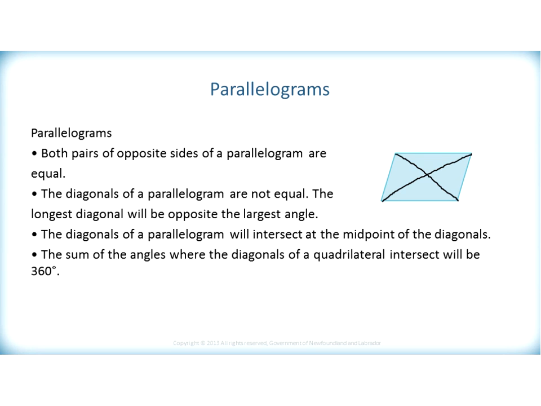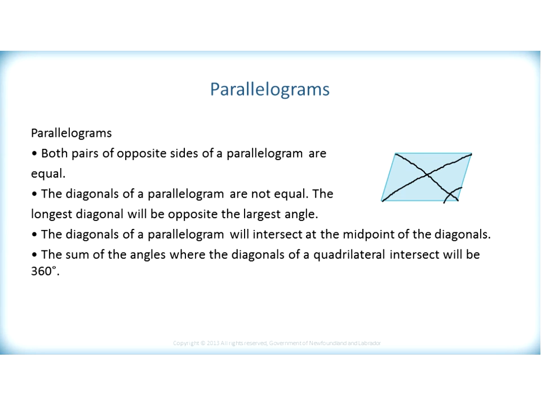The longer of the two diagonals is going to be connecting the two smaller angles. So it's going to be opposite the largest angle. The largest angle in this particular parallelogram is this one right here, and the longest diagonal is opposite that.